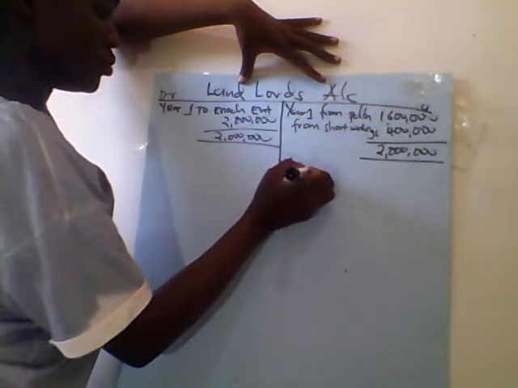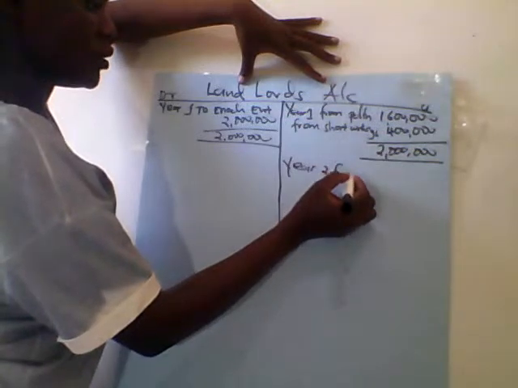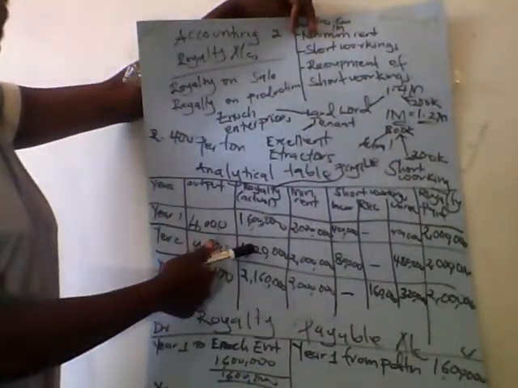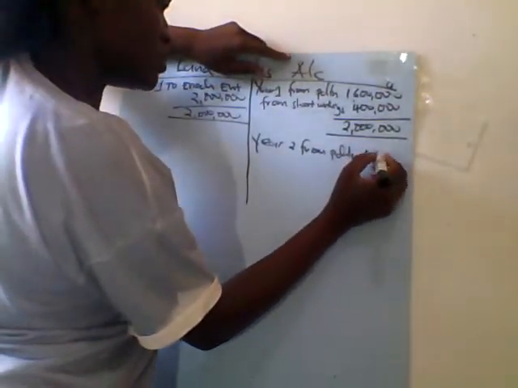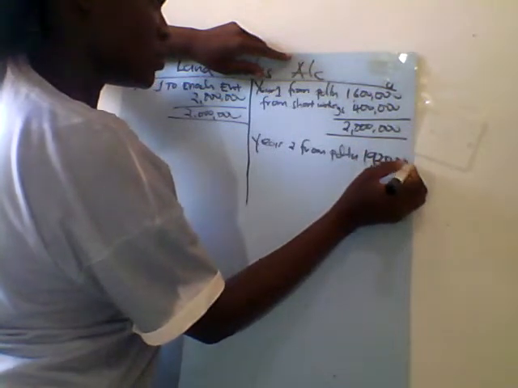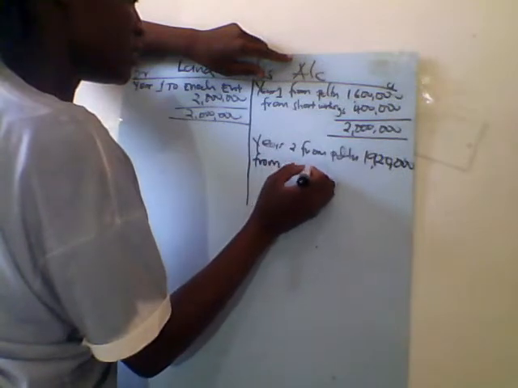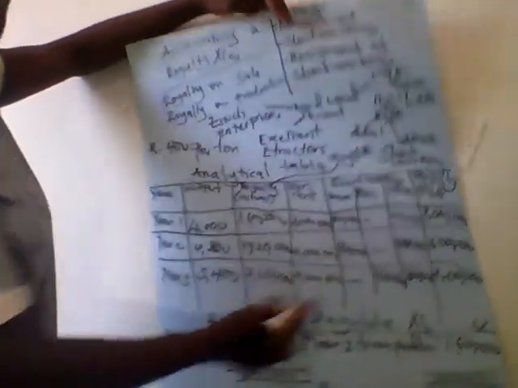Then for year 2, you do the same thing. From production, what did we get from production? This 1.92, so 1920. Then from short working, we got 80.